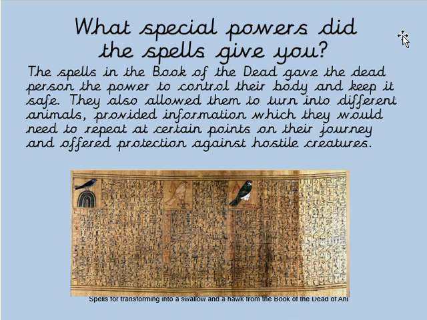The spells, which were written in hieroglyphs, were used to help protect the dead person on the journey to the afterlife, to make sure they got there safely, to know what to say, and to provide them with information that they might need to speak to the gods to help them on their journey. So it was kind of like a script to help them get from the netherworld to the afterlife.